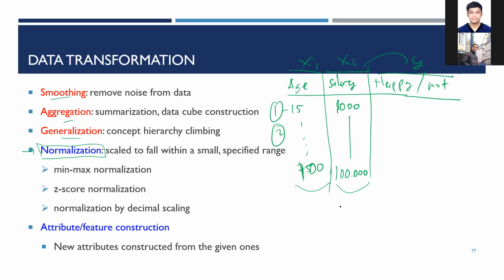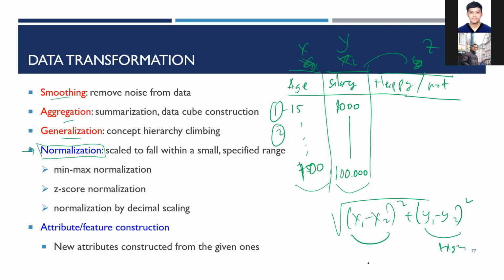In mathematics, for example, if you use linear distance, x1, x2 squared, y1, y2 squared, then we see the y value is higher than x.